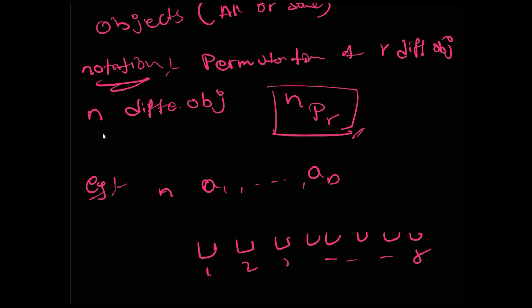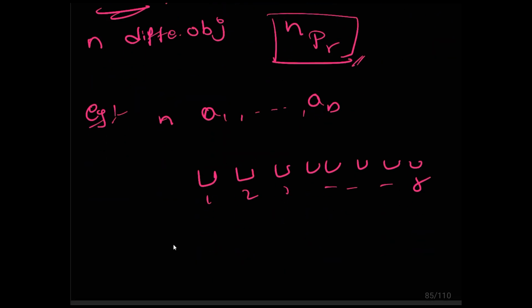Then the number of ways in which you can fill r boxes from n objects will be, in first box you can take any of the n objects, so n ways.